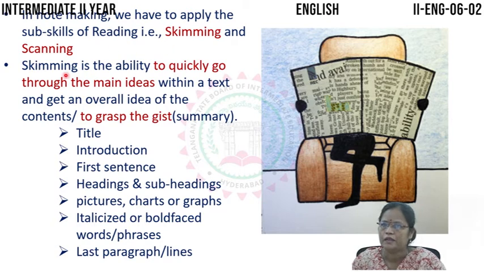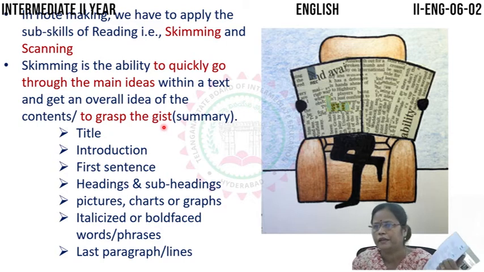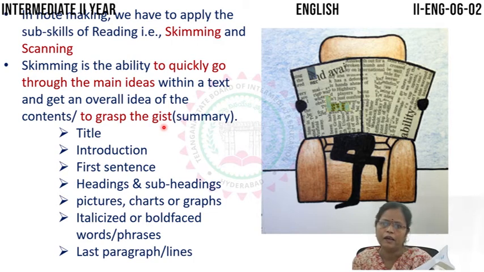So first of all, let us see what skimming is. Skimming is the ability to quickly go through the main ideas within a text and get an overall idea of the contents or to grasp the gist. For example, when you get a textbook, you will see what lessons are available in the contents page, what the titles are, who the authors are, any pictures.